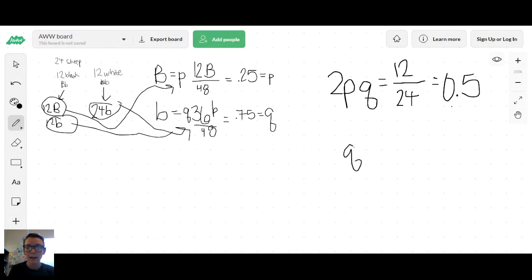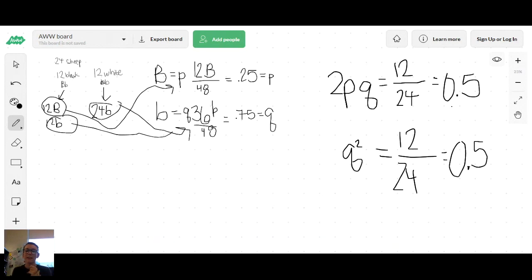And then Q squared would be equal to 12 out of 24 as well. So we had 12 homozygous recessive sheep, or 0.5. That's how we could define all of those variables with a given population, knowing what they look like and what their genes say.